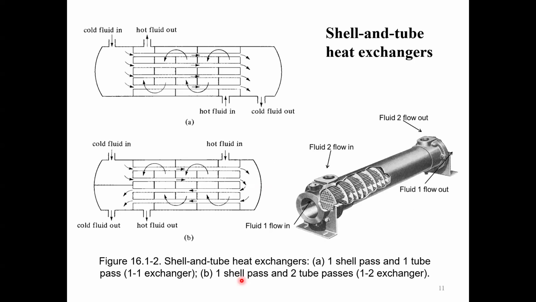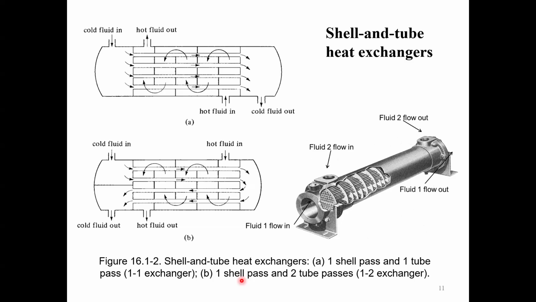Okay, so now we will shift gears to a different topic. As I mentioned, a double pipe heat exchanger is the simpler heat exchanger, but in industries, if the area that is required is pretty large, then your double pipe heat exchanger would be pretty long.